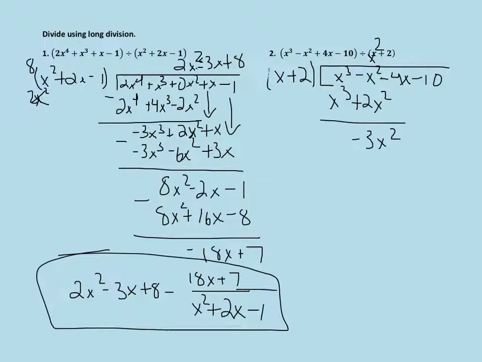Now you ask, what do you have to multiply x by to have it equal negative 3x squared? Negative 3x. So distribute it. Negative 3 minus negative 3 is 0.